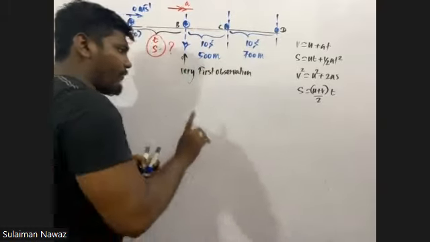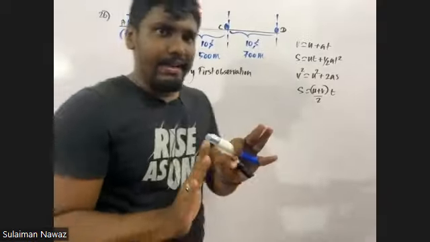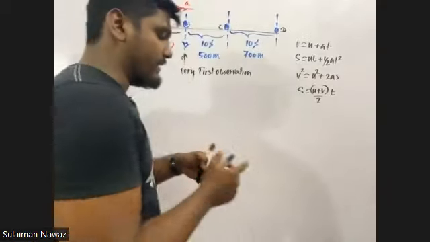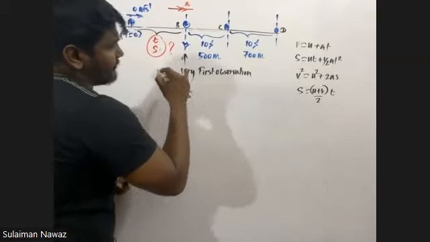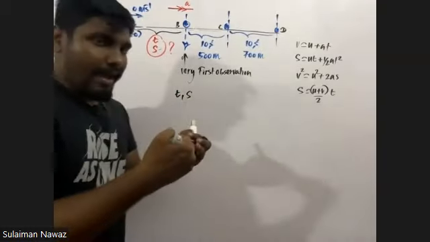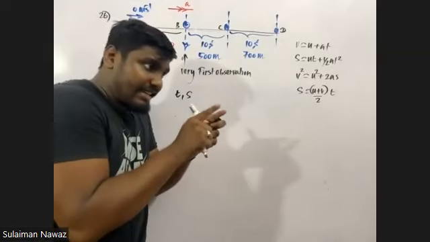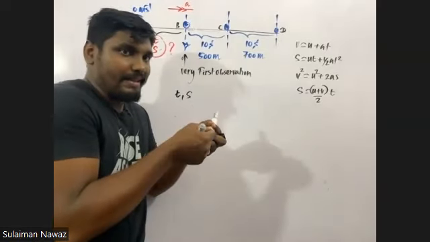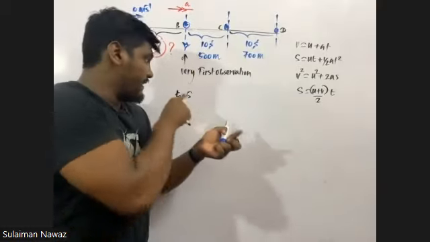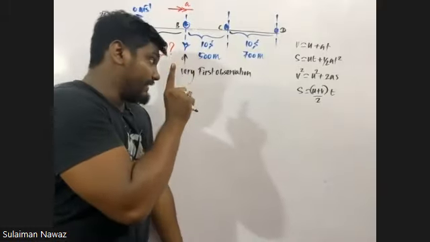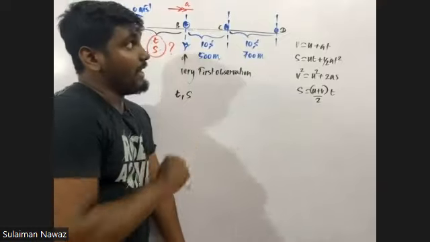I know my selected linear motion equation must include time and displacement. That's how I approach the right equation. In my selected equation, time and displacement must both be there.